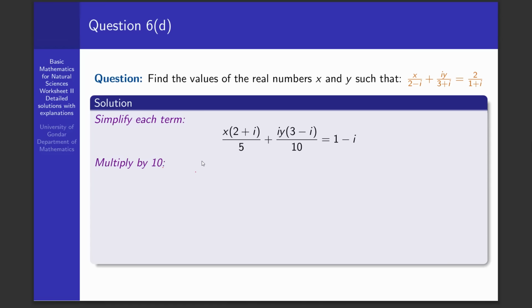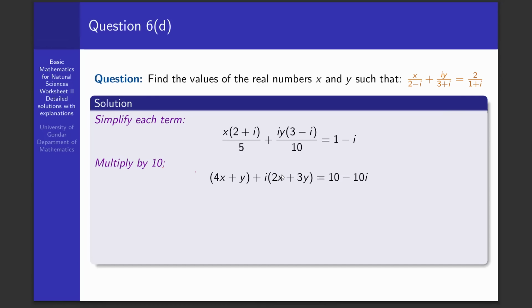We have 4x plus y. If we multiply this one by 10, we have twice x times 2, that is 4x, and so on.